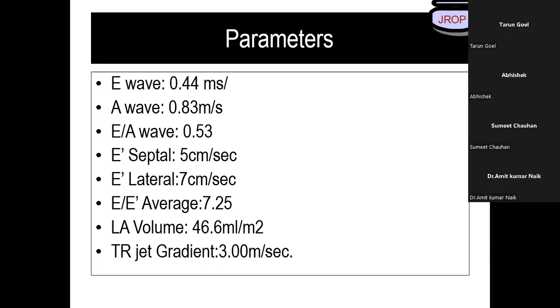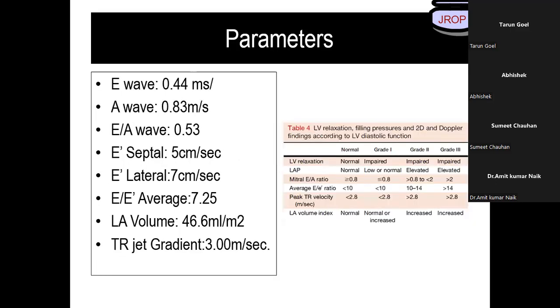Dr. Abhishek, sir, it's grade 2 diastolic dysfunction with elevated LV filling pressure and elevated LA volumes. Here is the comparison. So this is 0.53. So this classifies into this category, right?